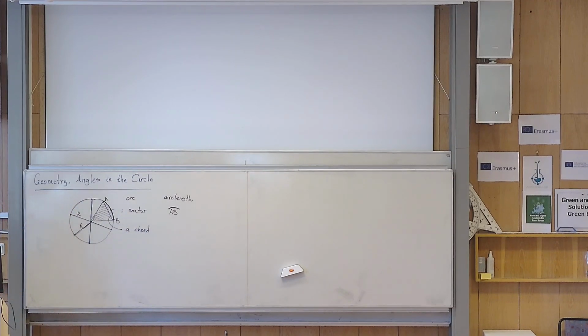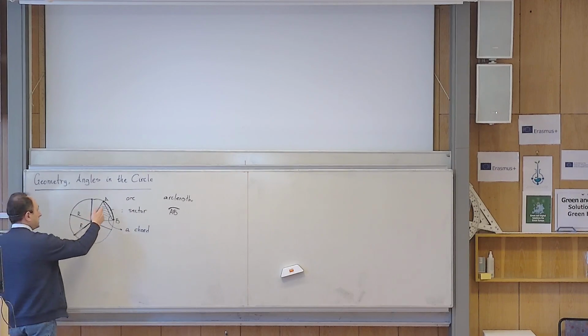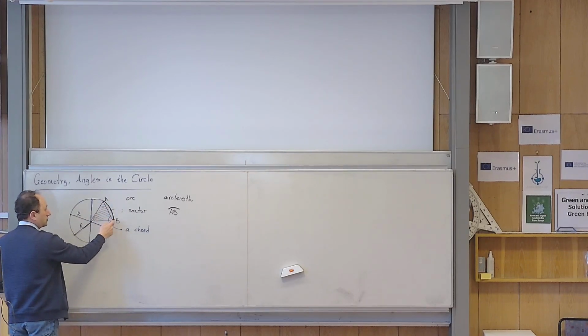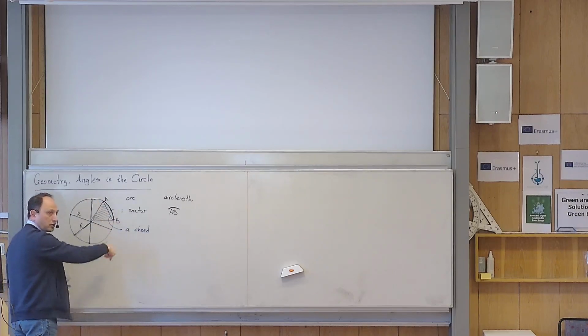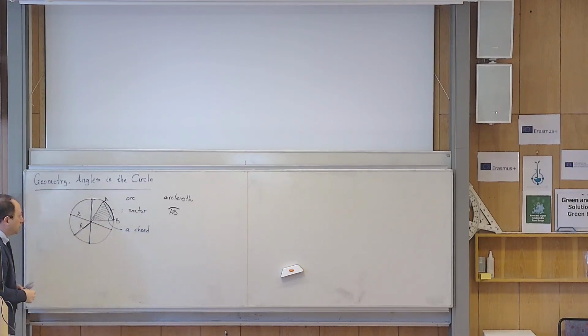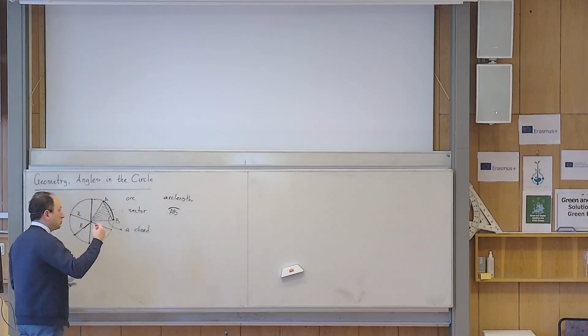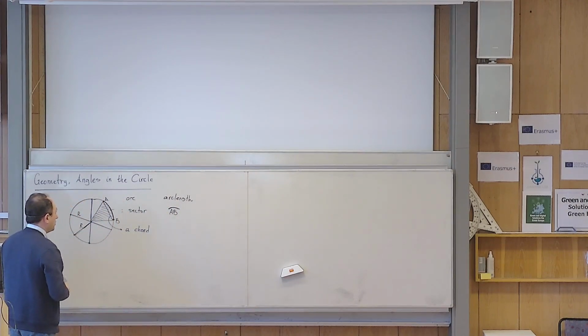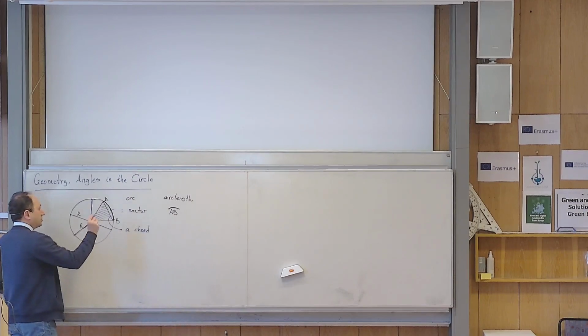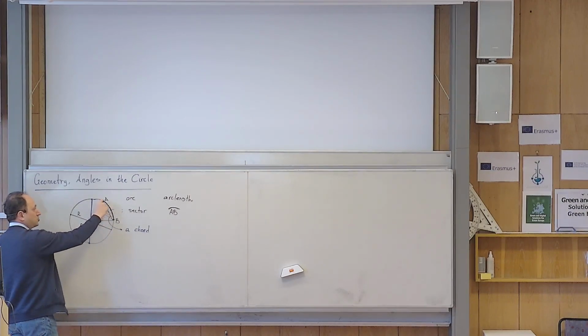Okay? And then you see that the chord corresponding to these 2 points seems to be shorter than the arc. Yes? And then what do we mean by arc length? If you want to imagine it, you can imagine an ant moving on the circle.